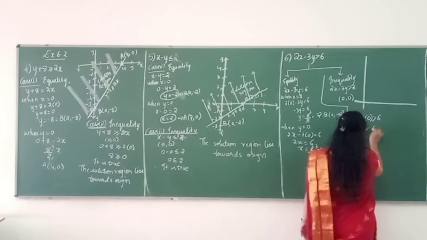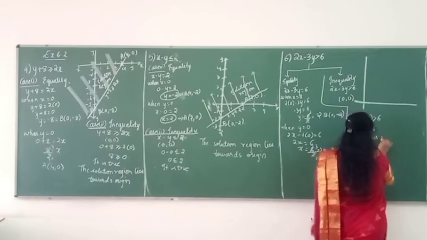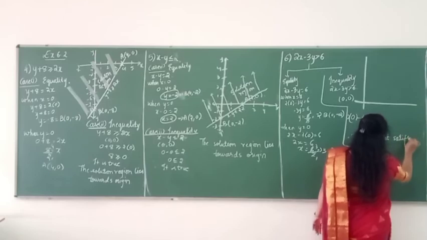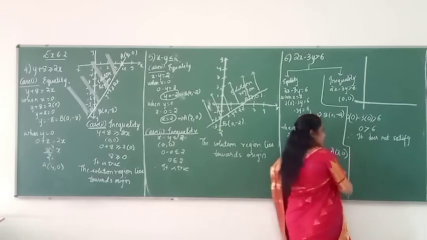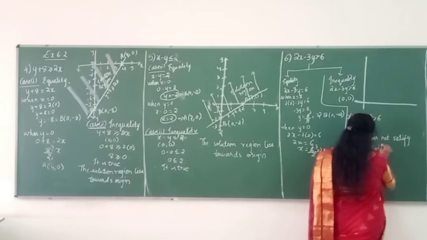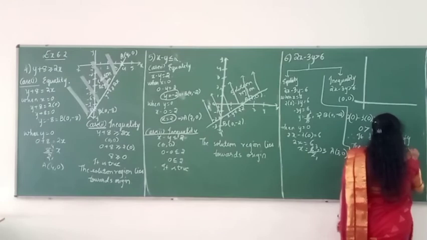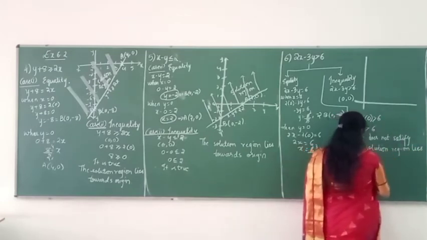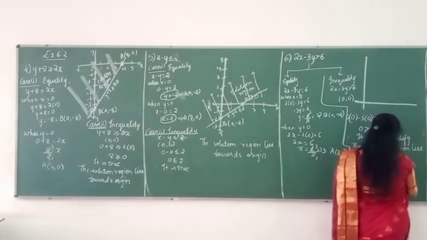Therefore 0 is greater than 6. Therefore it does not satisfy. Is it clear? As 0 is not greater than 6, the solution region lies away from the origin.